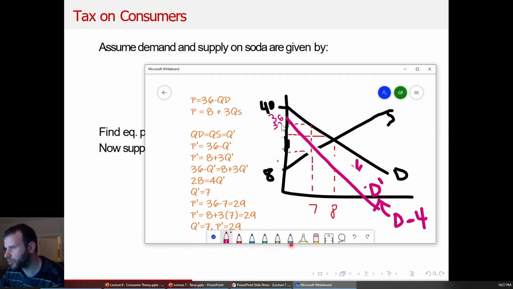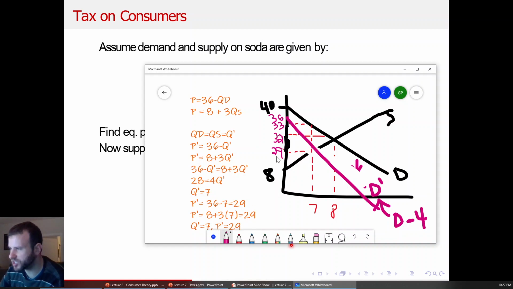The after-tax price that consumers pay per good in total is 33. The old equilibrium was 32. And the price that producers receive per good, which is also the price that consumers pay up front, is going to be 29. Okay. So there we go. I have them all labeled now for you to see.